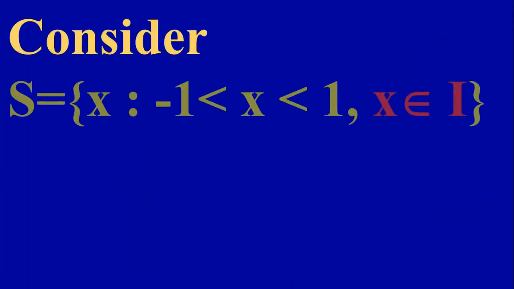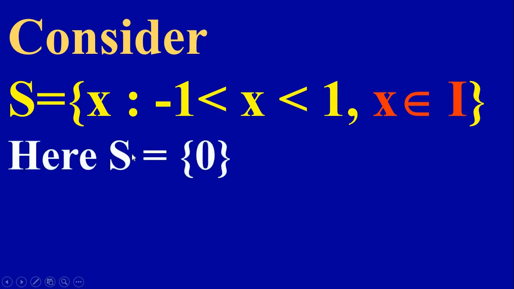Consider the next example. Consider set S equal to the set of all x such that x is greater than -1 and less than 1, and x belongs to I. You have to find one integer greater than -1 and less than 1. That is an integer in between -1 and 1. It is 0. So we can write S equal to {0}. Important, this is not a null set.